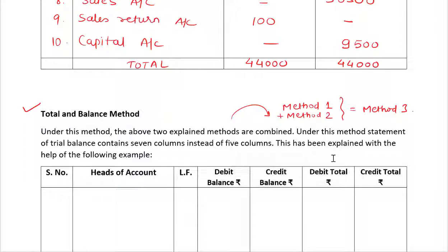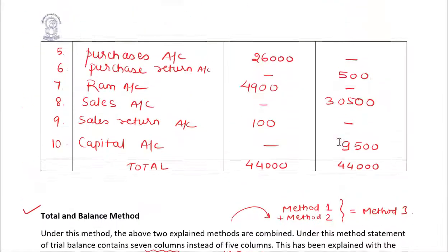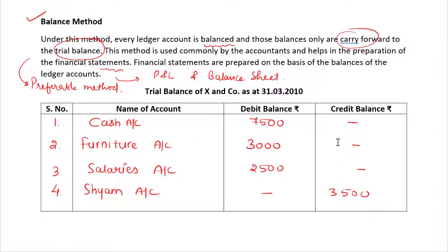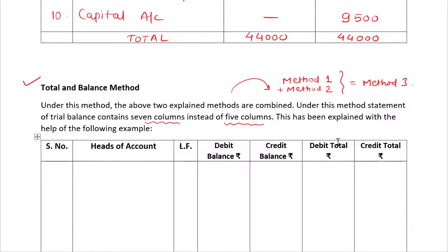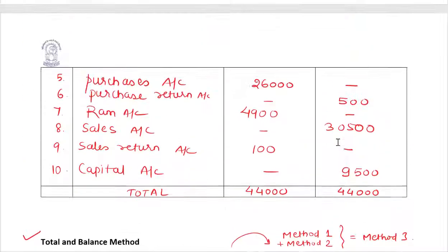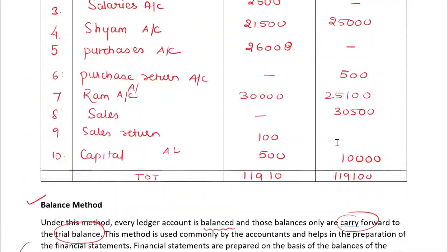Under this method, a statement of trial balance contains 7 columns instead of 5 because 2 additional columns are added. We'll be combining the balances of the total method as well as the balance method, and we'll try to complete this account.